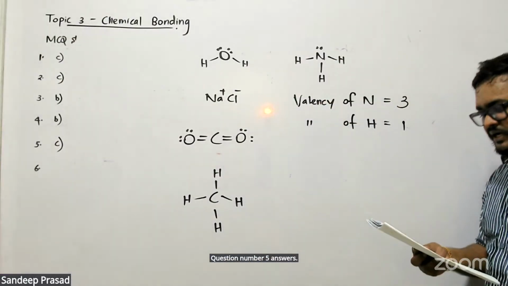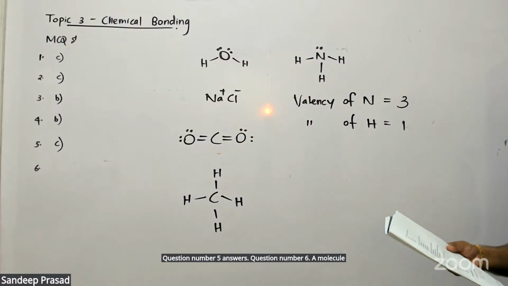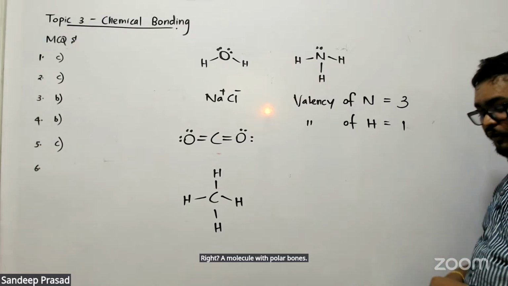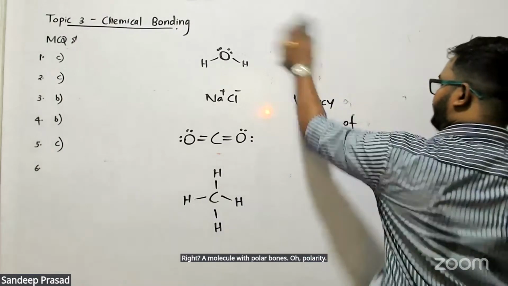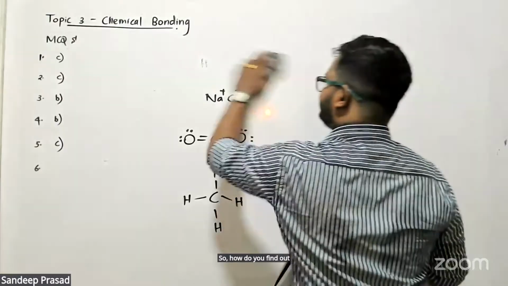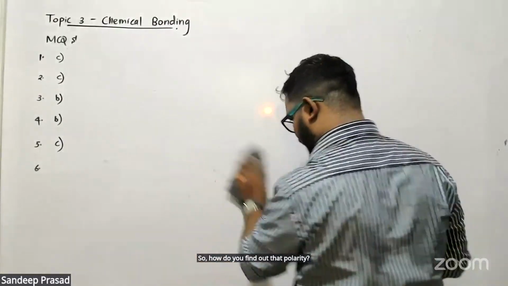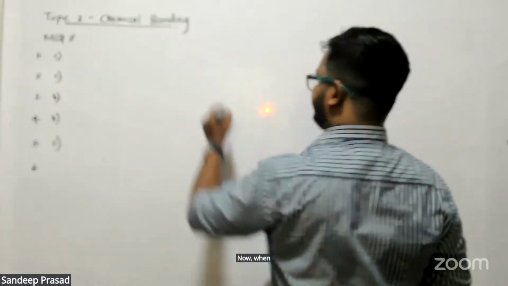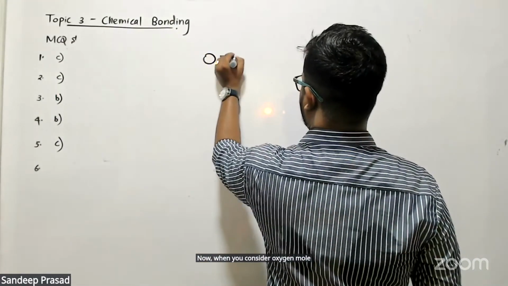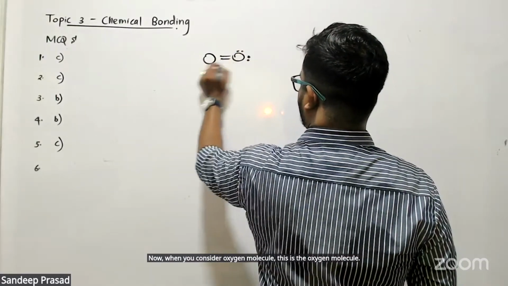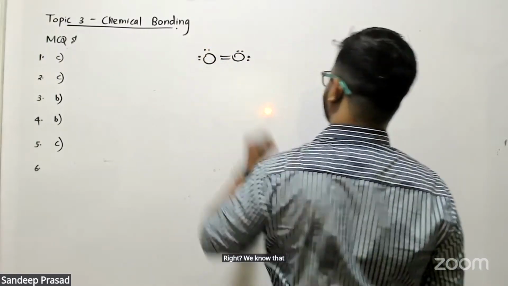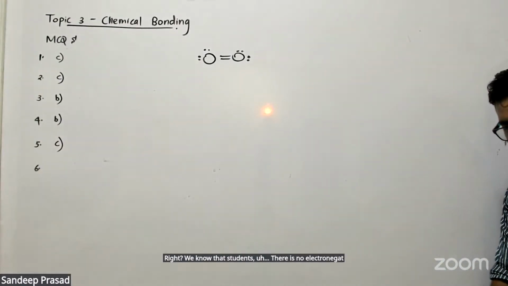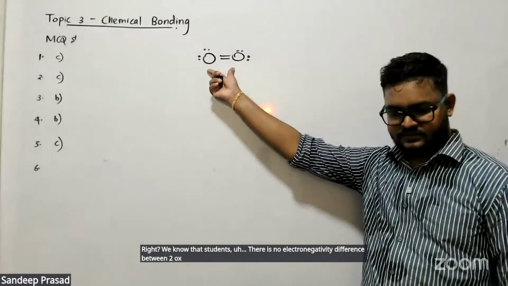Question number 6. A molecule with polar bonds, right? Polarity. So how do you find out that polarity? Now, when you consider the oxygen molecule, we know, students, there is no electronegativity difference between the 2 oxygen atoms.